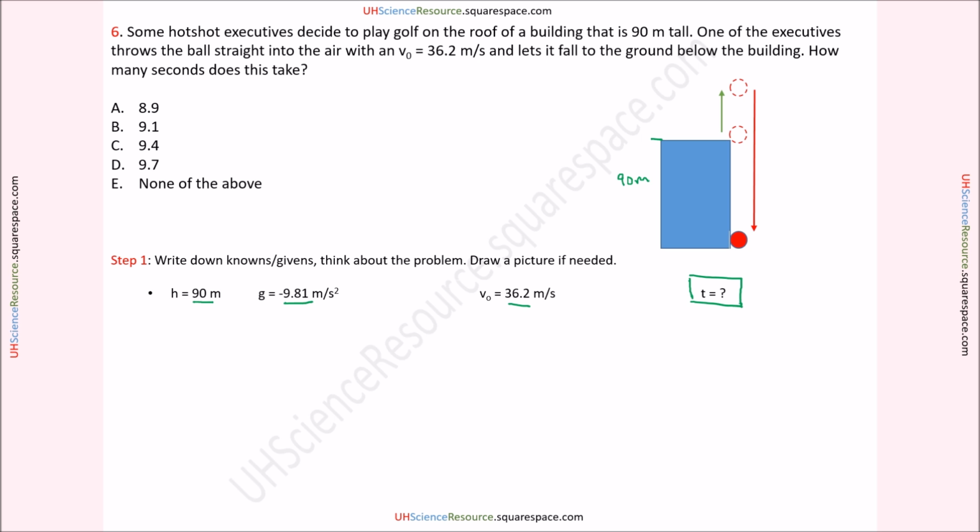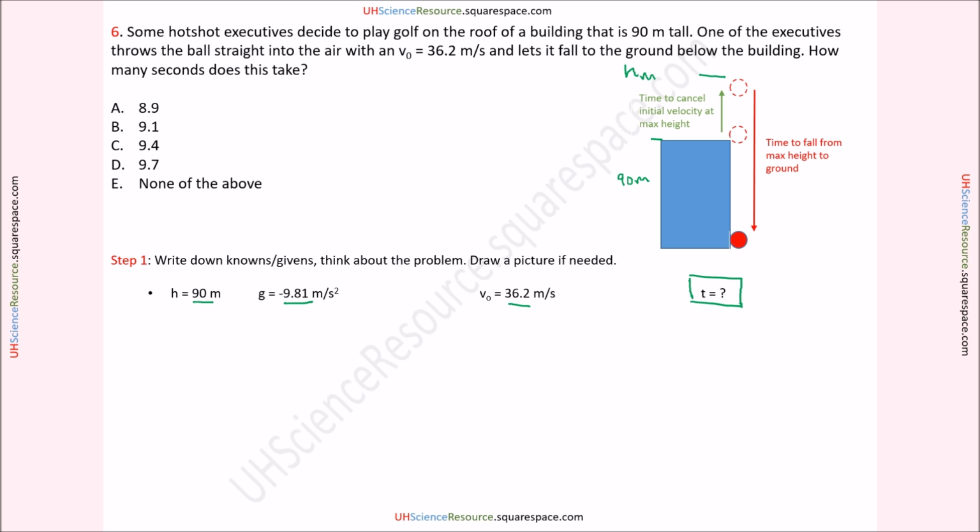So we can say that the green arrow can represent the amount of time it took for gravity to cancel out the initial velocity, and this is going to be the point in which the ball is going to be at its maximum height. And from its maximum height, we can then figure out the amount of time in which it took to fall all the way to the ground.